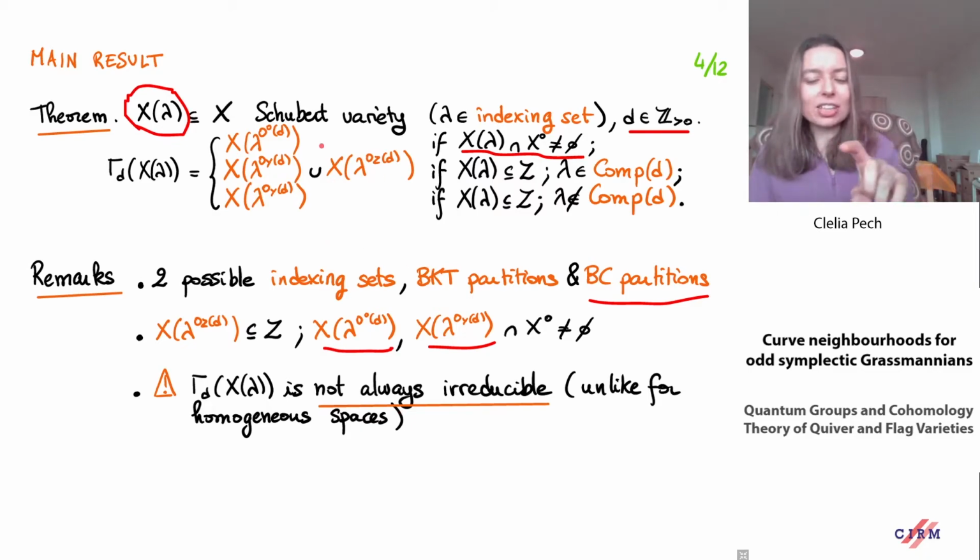In the case where it's not actually 2, one is contained in the other, but in the case where it's actually 2, they don't have to have the same dimension. And which one is bigger, the one in Z or the other one?